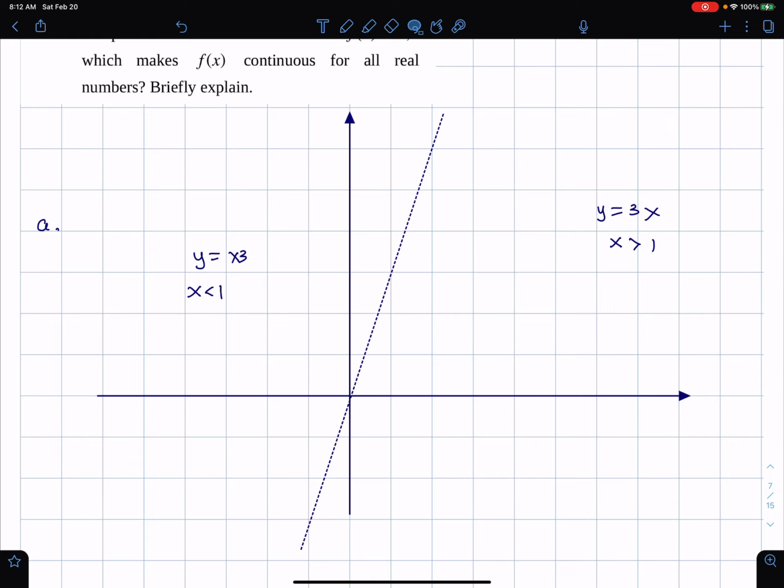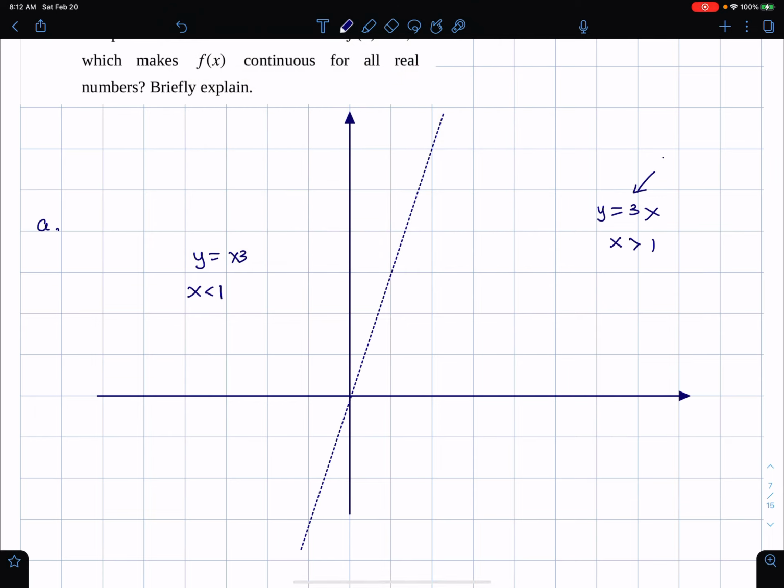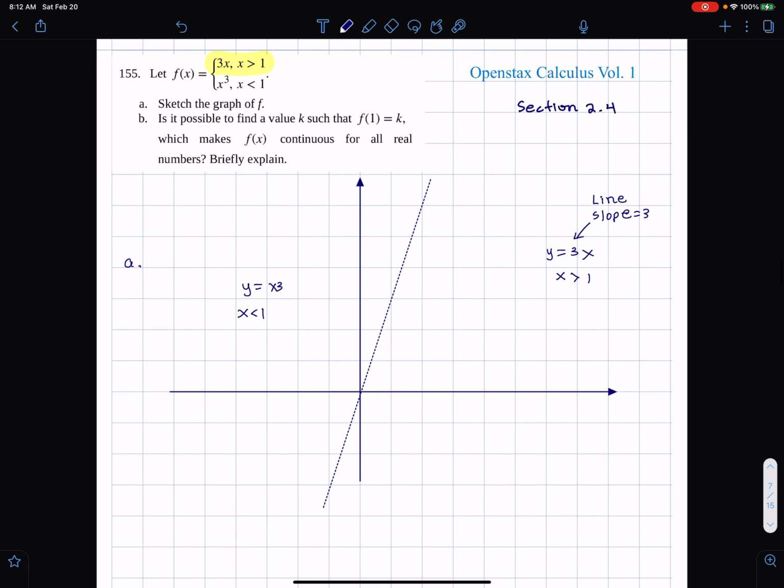The slope is 3. So this is a line, slope equals 3, and the intercept is 0. But we're only looking for x greater than 1.